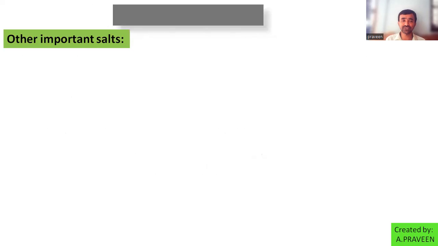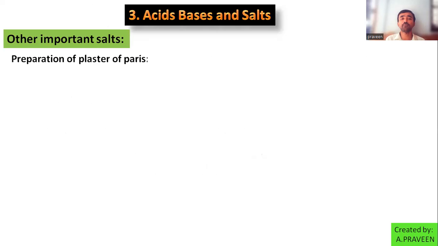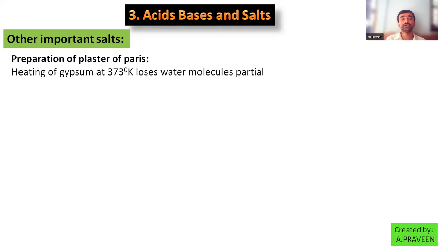The next salt is plaster of Paris. Plaster of Paris is chemically called POP, hydrated calcium sulfate, right? Heating gypsum at 373 degrees Kelvin, it loses water molecules partially to give plaster of Paris.